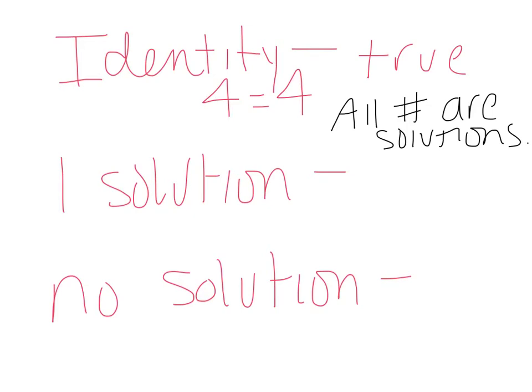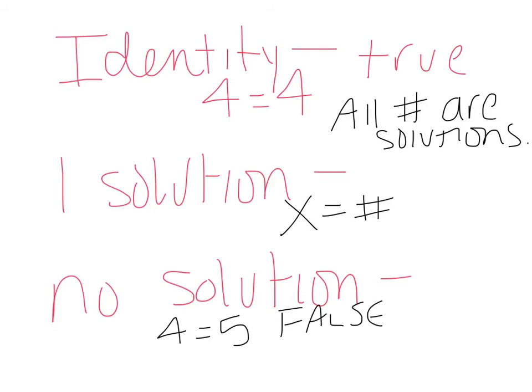If we have one solution, it's exactly what we've been coming up with, like x equals some number. And if we have no solution, that means all your variables are going to cancel out and you'll get something like 4 equals 5, which is false. So you'll have a false statement, and that means there's no solutions.